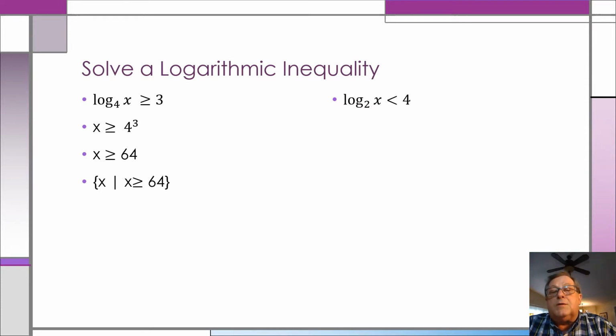But since we do have just a log on one side, we're going to rewrite it in exponential form, so that x is now less than 2 to the 4th power, 2 being the base, 4 being the exponent, x being the answer in this case. And 2 to the 4th power, of course, is 16. So x is less than 16.